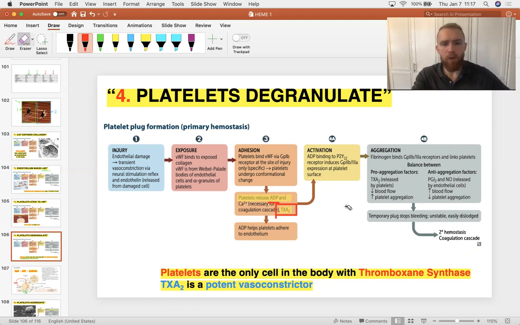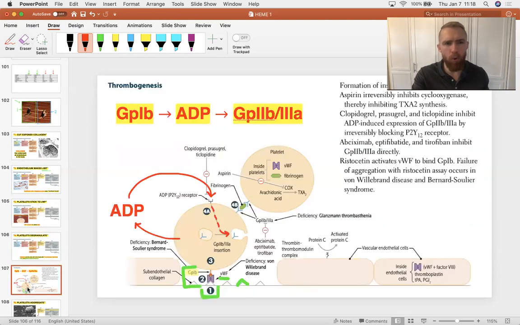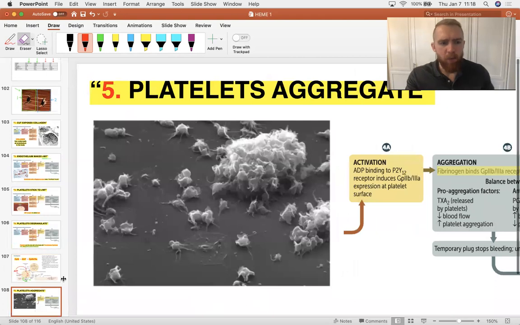So platelets not only make thromboxane to vasoconstrict, they also make ADP, that's adenosine diphosphate, not mono, not tri, diphosphate, and it plays a really important role in platelet aggregation. Quickly, how did we get to this point?